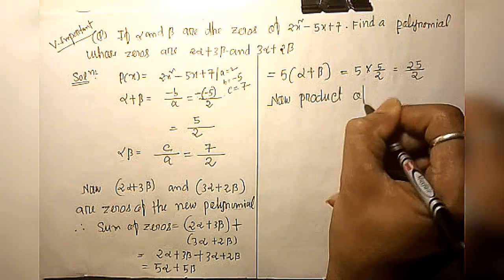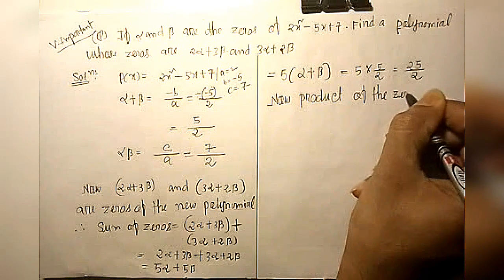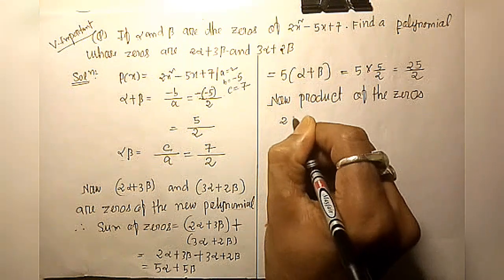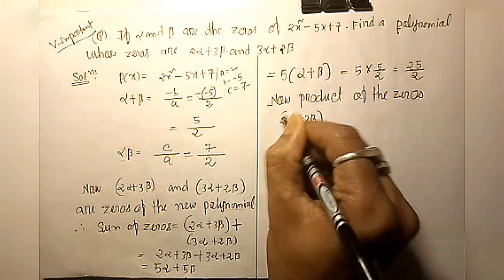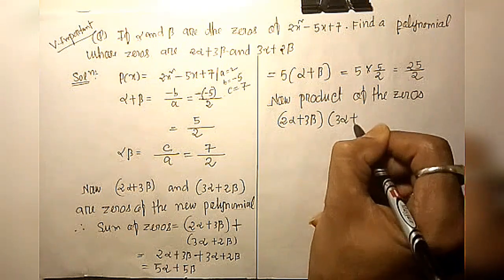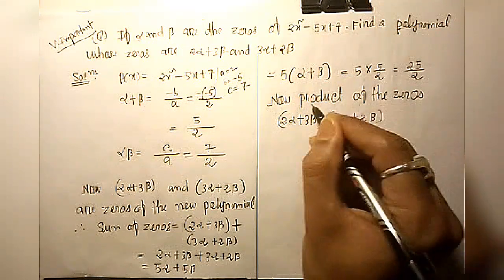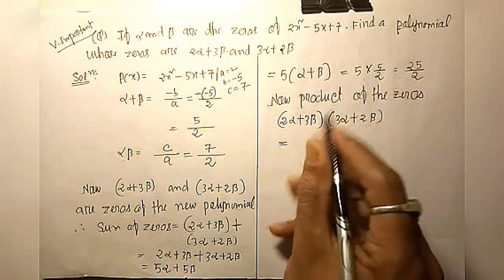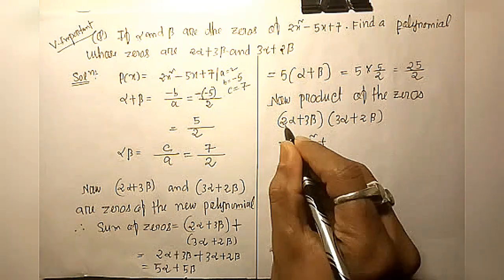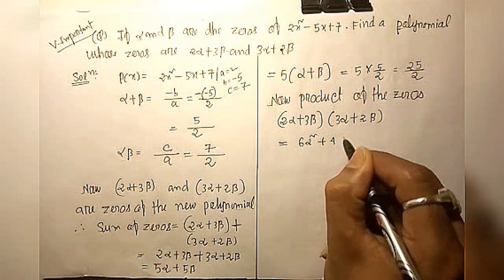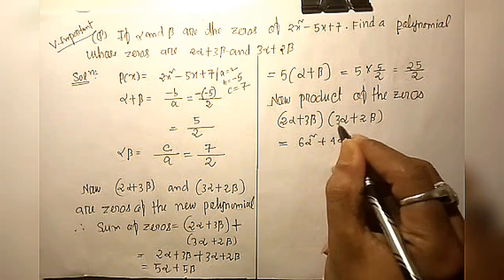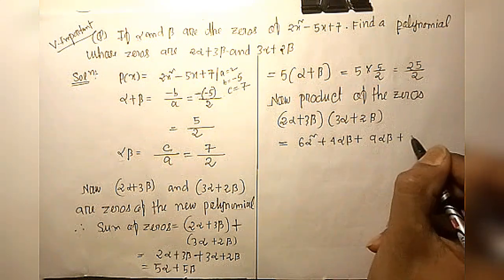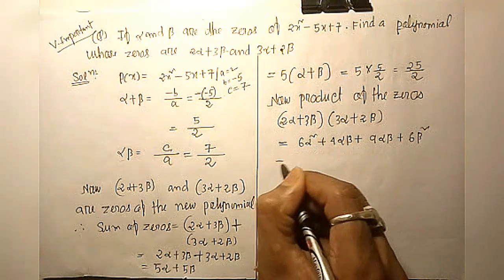Now the product of the zeros: 2 alpha plus 3 beta into 3 alpha plus 2 beta equals 2 alpha into 3 alpha, 6 alpha square; 2 alpha into 2 beta, 4 alpha beta; 3 alpha into 3 beta, 9 alpha beta; 3 beta into 2 beta is 6 beta square.